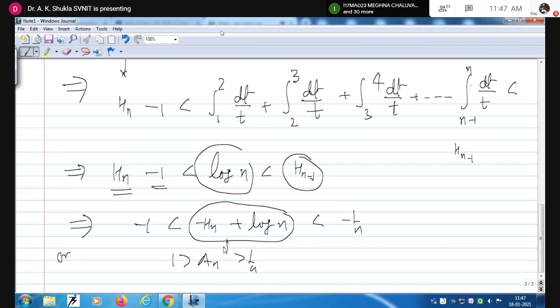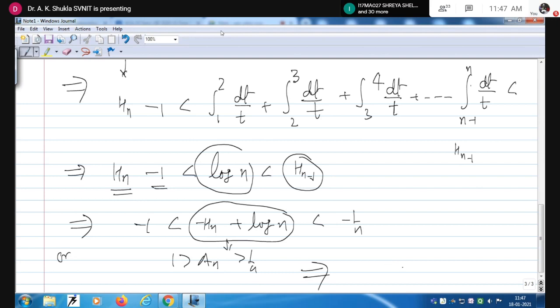So given by this, finally we can claim, which implies an. So this an when n tends to infinity, this 1 upon n is here.